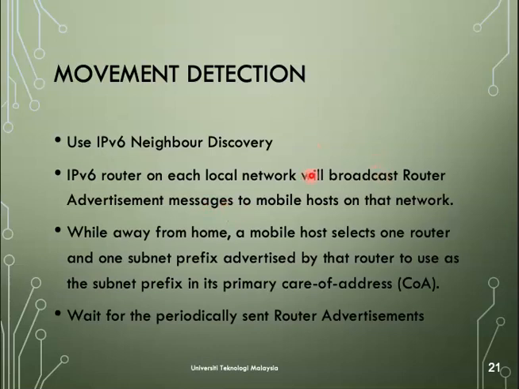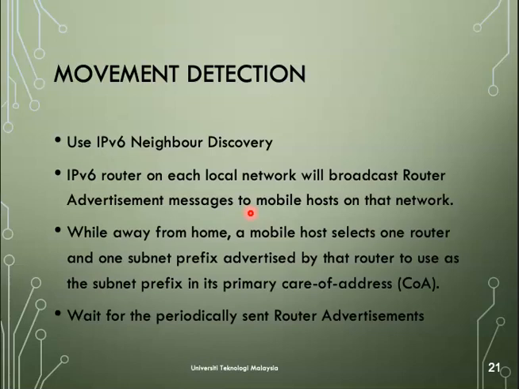And the router advertisement message carries, among other information, the IPv6 address of the router and network prefixes that can be used by mobile hosts to configure their care of address.